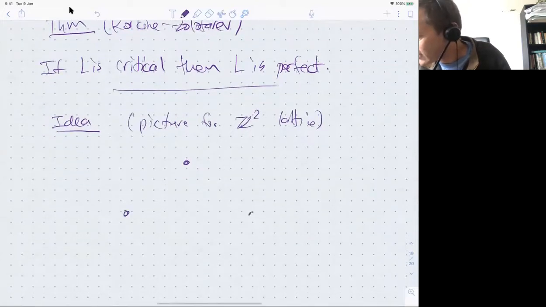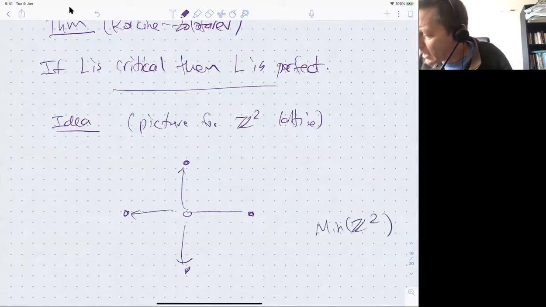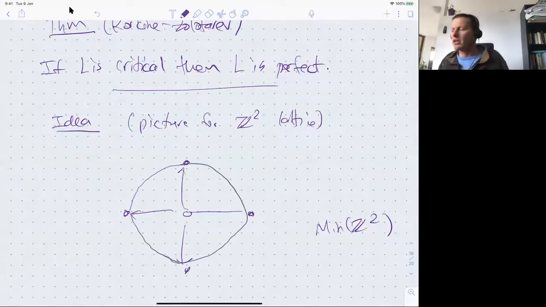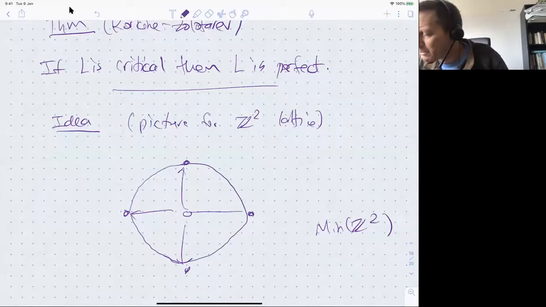Here are the non-zero points. This is the minimizers of the Z2 lattice, and lambda 1 is achieved by this particular Euclidean ball, which is trapped between these 4 points of the minimizer.